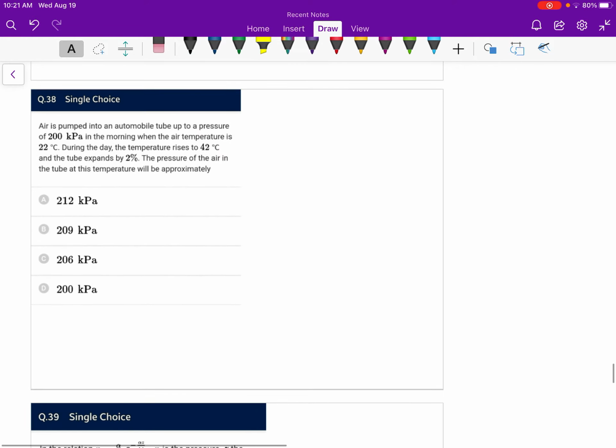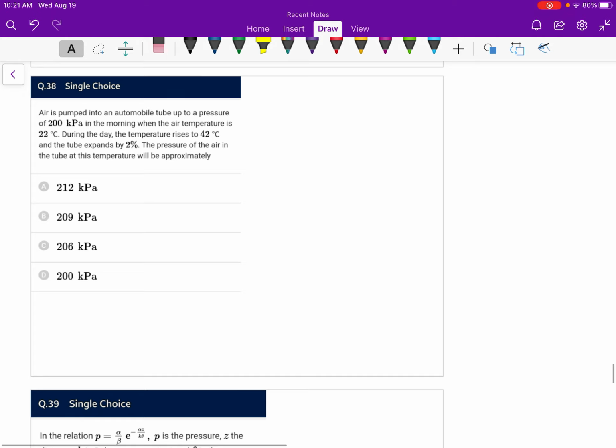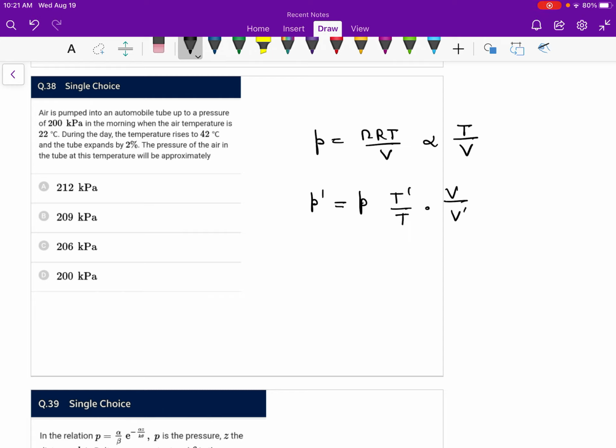So 37 we can do from logic gates. 38: air is pumped into an automobile tube, pressure is given, temperature is given. Now the temperature is raised to 42 and the tube expands by 2%. By 2%, the pressure in the air is? So the number of moles remains the same. So P is nRT by V, so proportional to T by V. So P dash is P into T dash upon T into V by V dash.